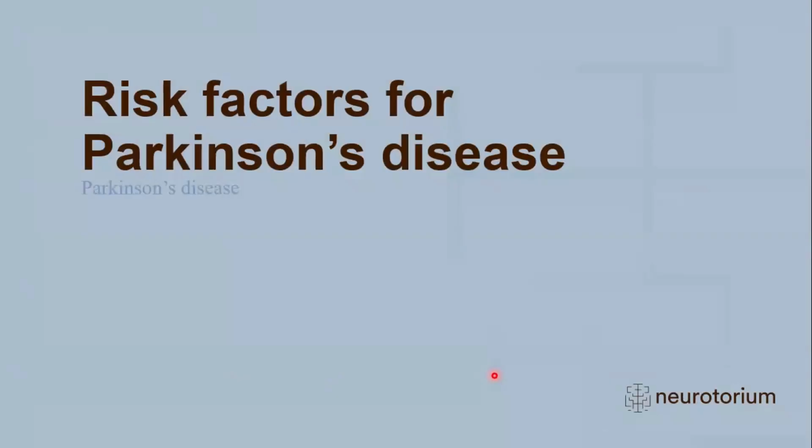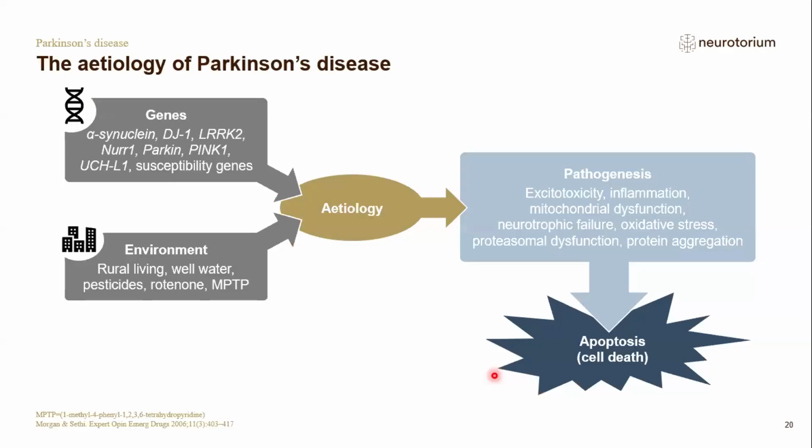What are some of the risk factors that we need to keep in mind? We have talked about genes. For Parkinson's disease, the gene that has been implicated is the mutation of the alpha-synuclein gene on chromosome 4. In fact, it is an autosomal recessive.